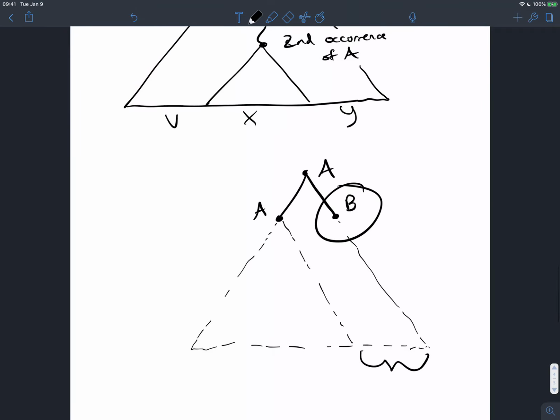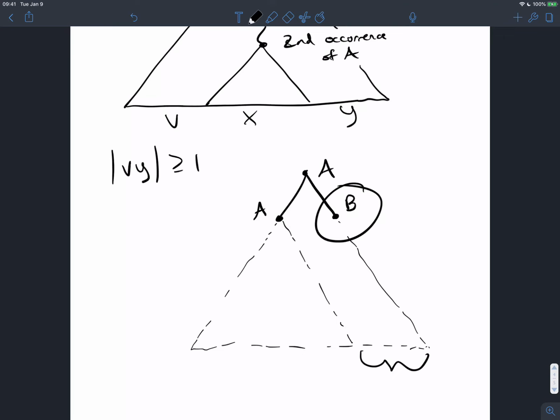But it can't be the case that both of them are empty. So a way to say this is that the length of VY together is at least 1. That means that at least one of them has to be non-empty. Okay? This is the part where some students struggle, so ask questions if you're confused.